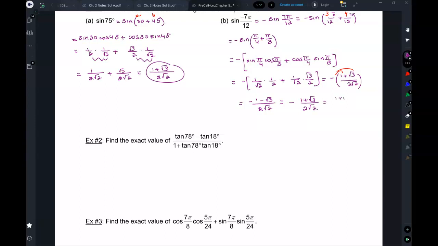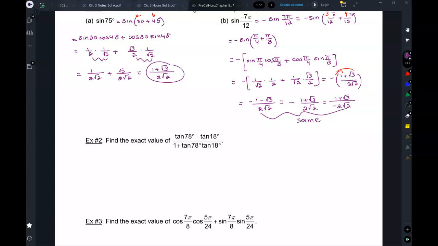Or 1 plus root 3 over negative 2 root 2, right? This is like pre-algebra stuff, but all of these are the same. But if you are taking a multiple choice test and you came up with the answer, but the answer was written in some other form, you should be able to recognize that they're all the same.